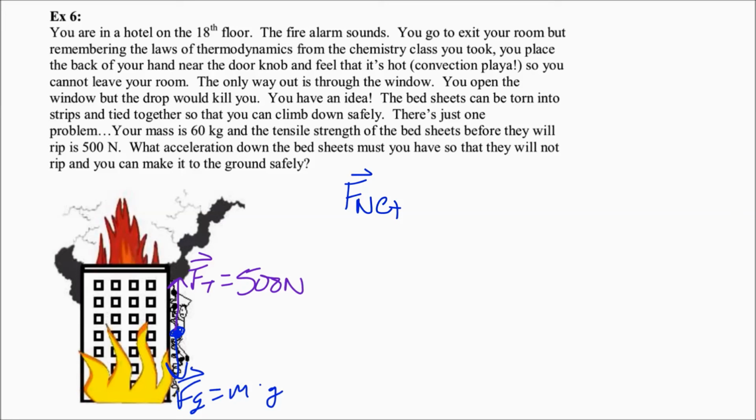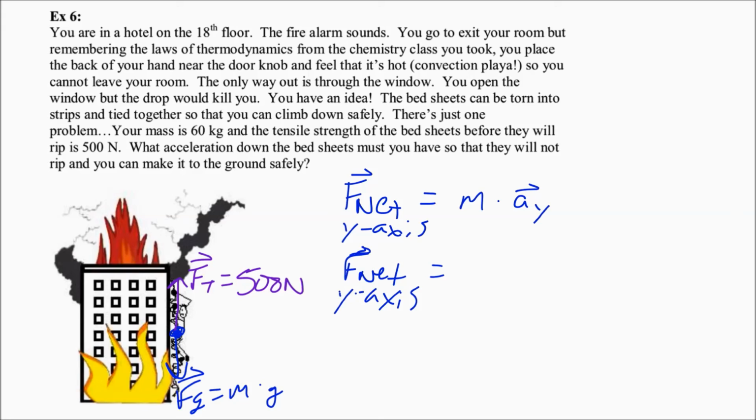Okay, so F-net in the y-axis, always use Newton's second law, so that's going to be the mass times the acceleration in the y-axis. Alright, and then our second F-net statement in the y-axis is equal to the sum of all of the forces in the y-axis. Alright, so we're going to do our positive or upward force minus our downward force.